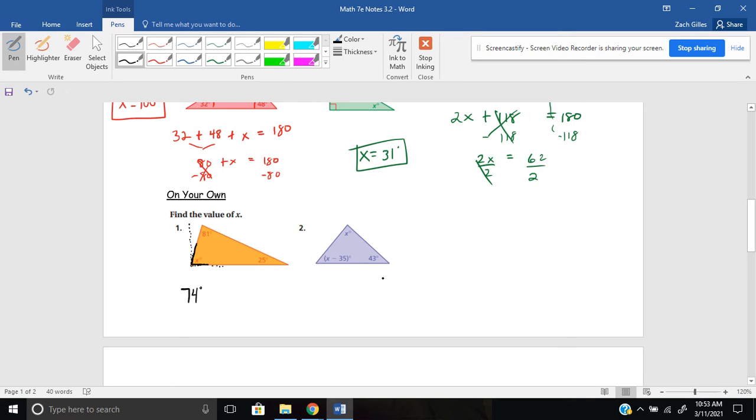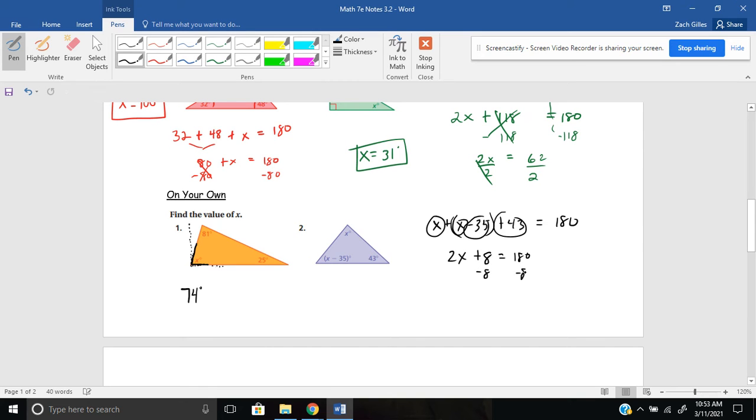For number 2, you should have x, I'll work this one out, plus x minus 35 plus 43 is equal to 180 degrees. Like terms, I have x plus x, so I'd have 2x again. And then I have negative 35 plus 43. So negative 35 plus 43 would give me positive 8 equals 180.